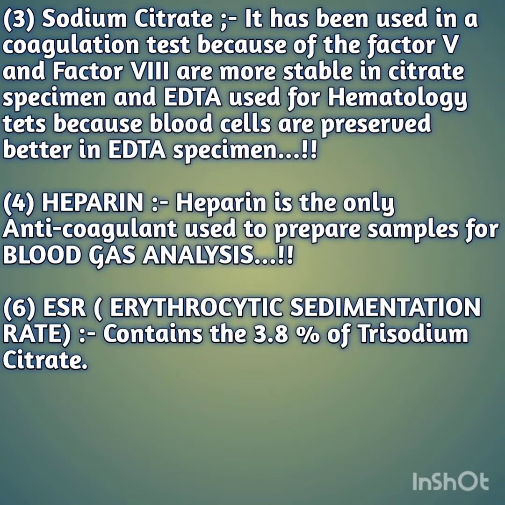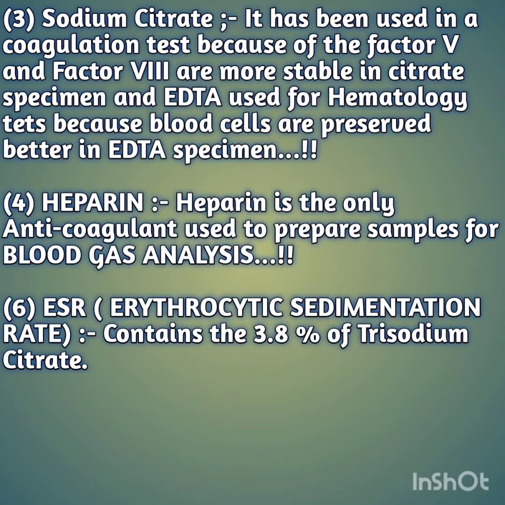Why do we use sodium citrate instead of EDTA? Because factor 5 and factor 8 are more stable in the citrate specimen rather than the EDTA specimen. So that's why we collect the coagulation parameters PT and APTT sample in sodium citrate.